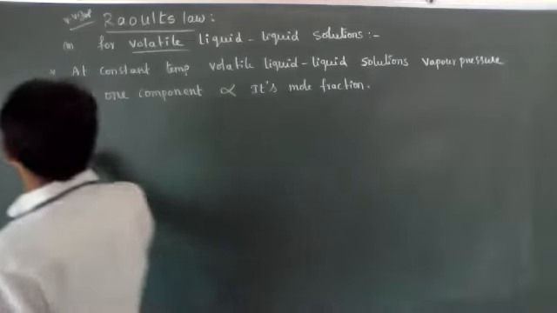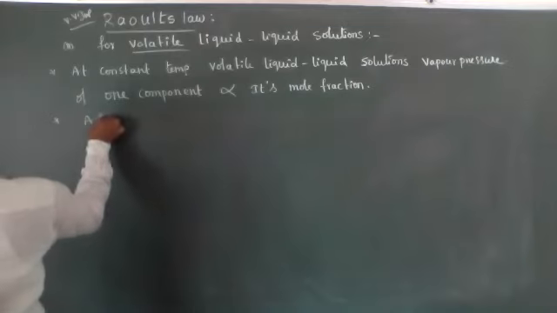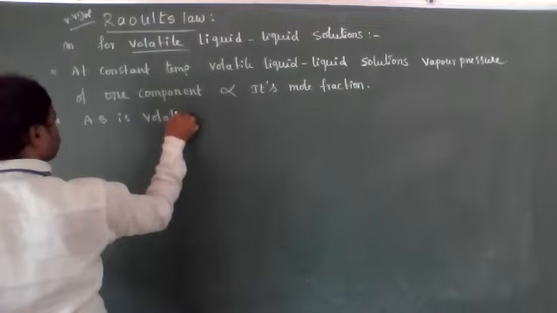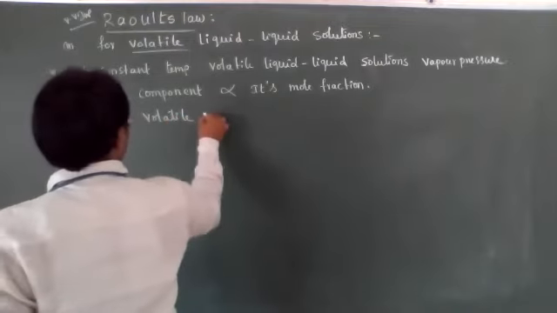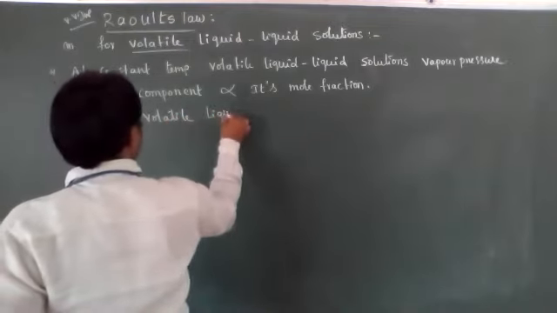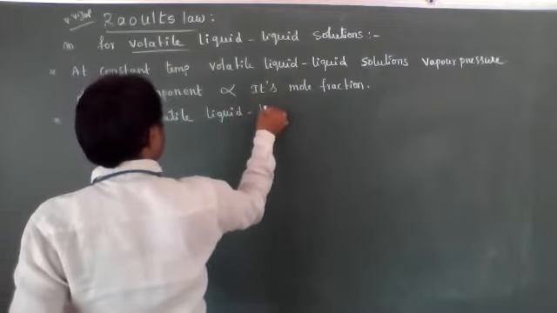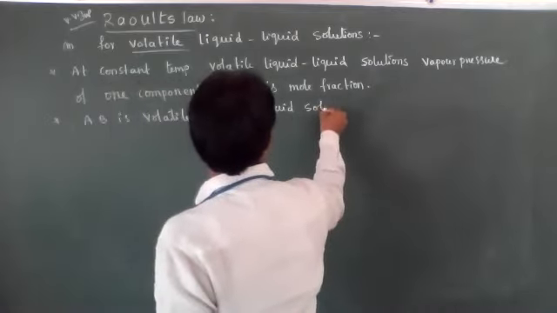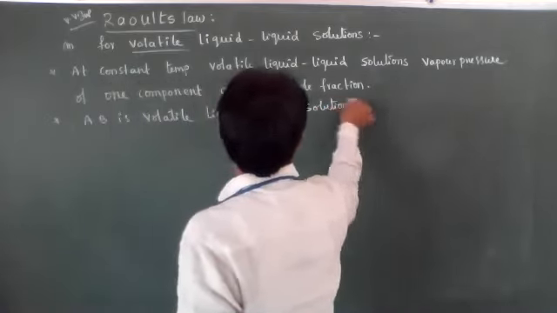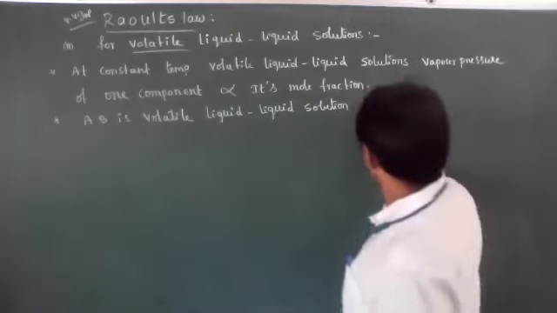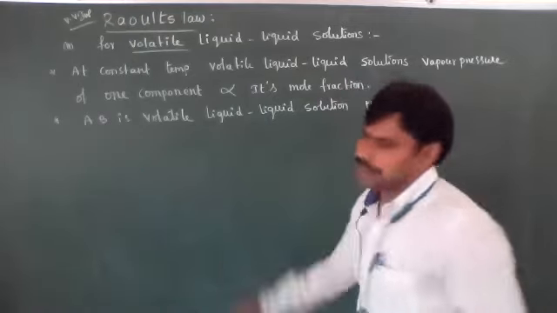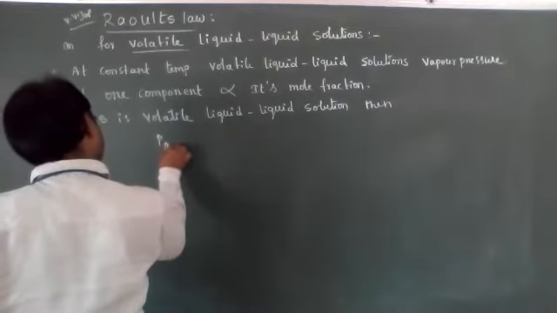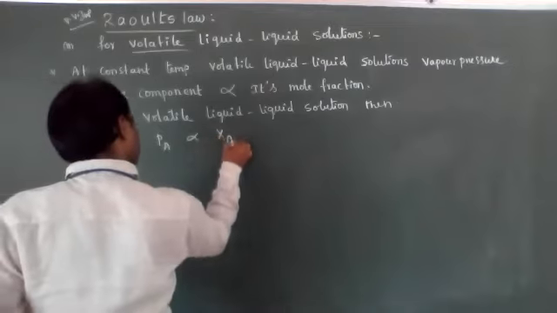According to the definition, let AB be a volatile liquid solution. Then the vapor pressure of A, PA, is directly proportional to XA.